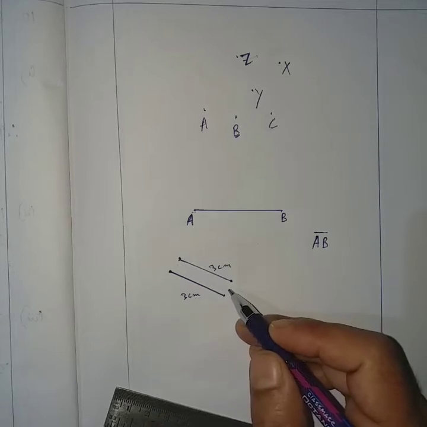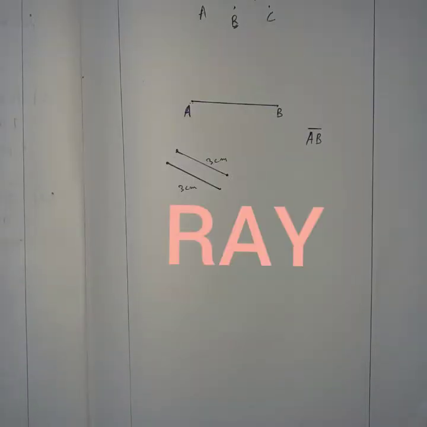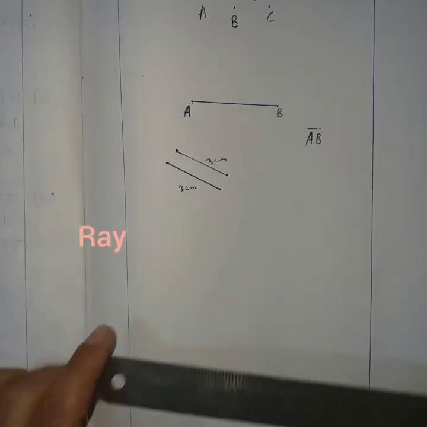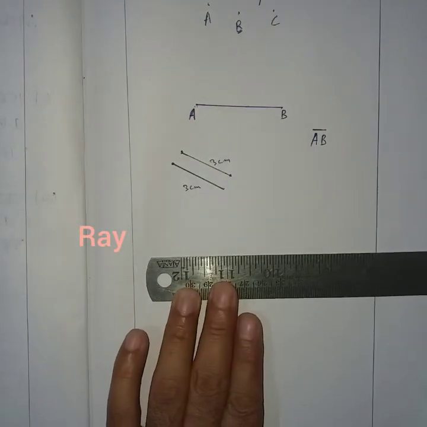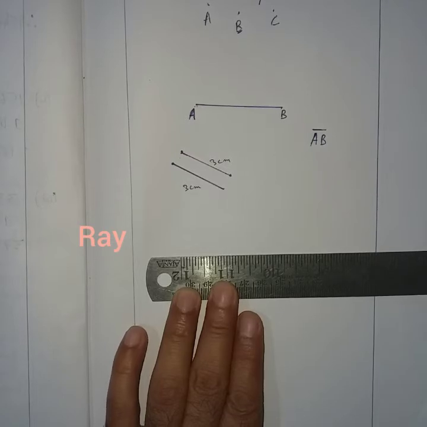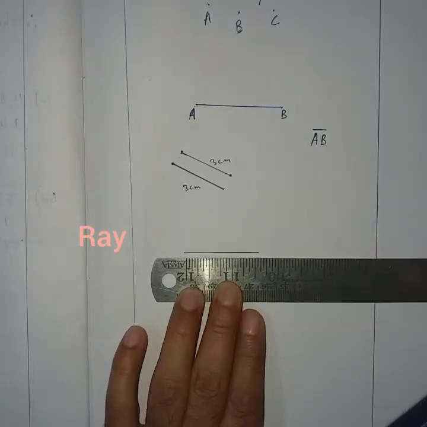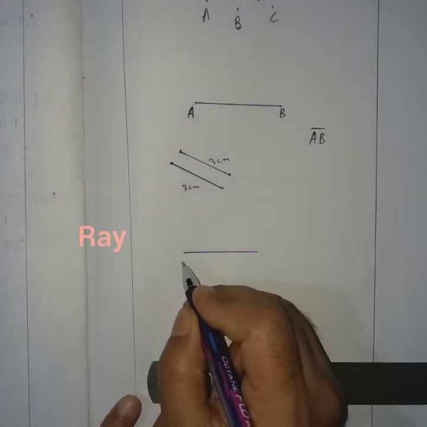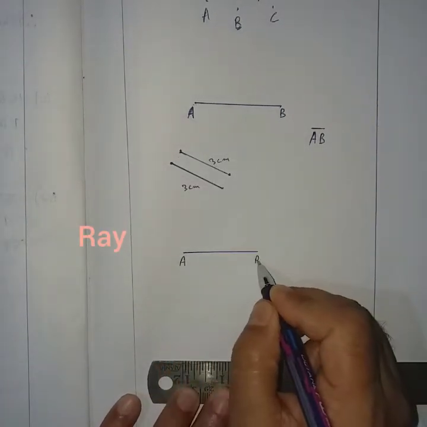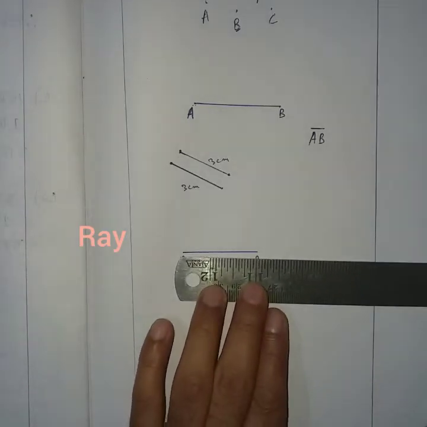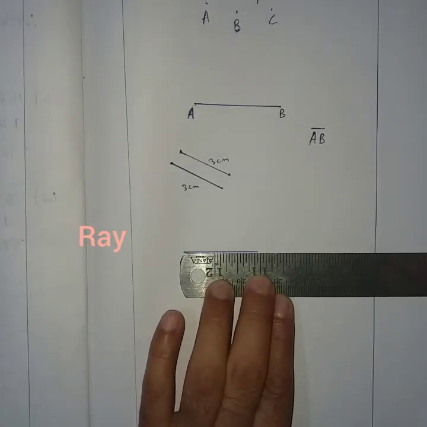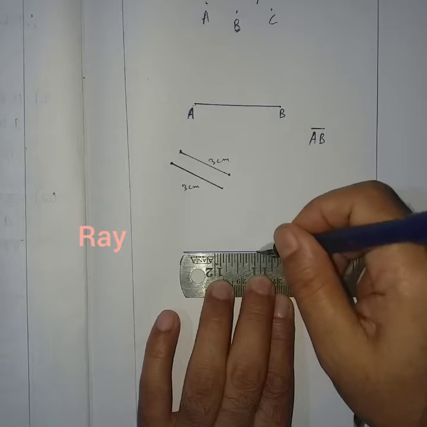Now a ray: a line segment extended endlessly in one direction is called a ray. Like this is a line segment, and the name is AB, and it is extended endlessly towards the B direction.